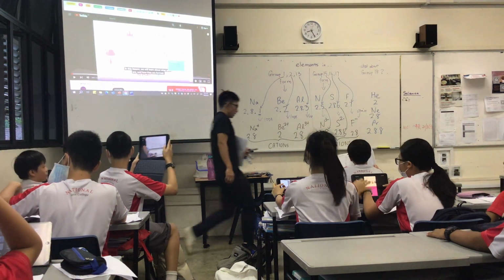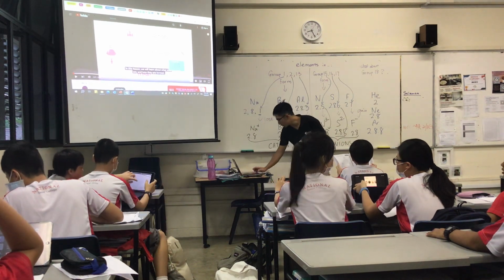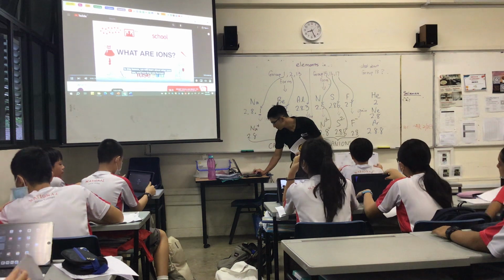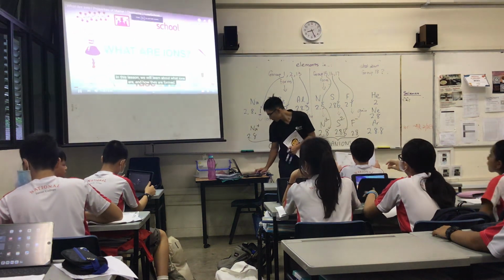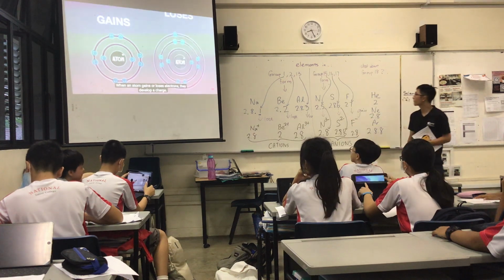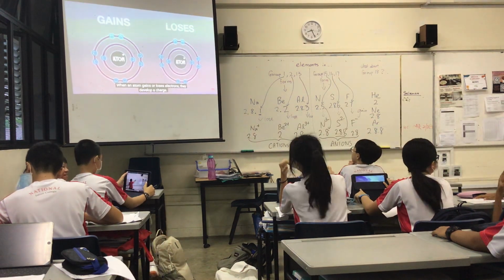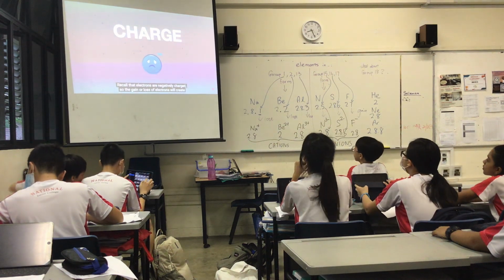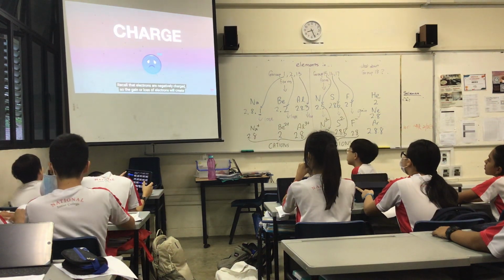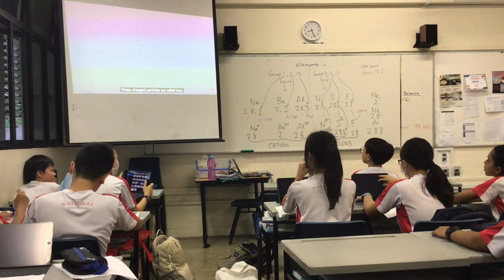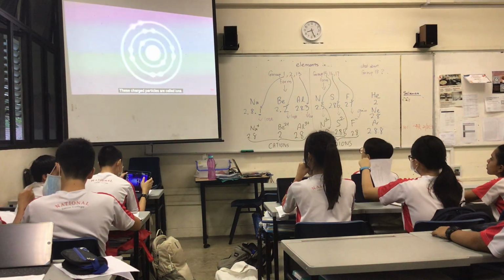A quick recap of whatever we've just learned. This lesson, we will learn about what ions are and how they are formed. When an atom gains or loses electrons, they develop a charge. Recall that electrons are negatively charged, so the gain or loss of electrons will create a charge. These charged particles are called ions.